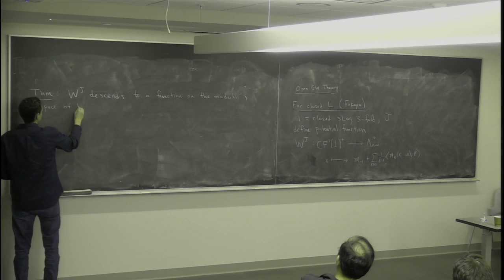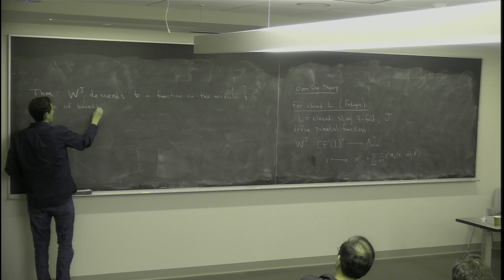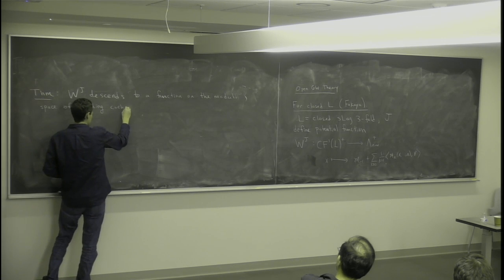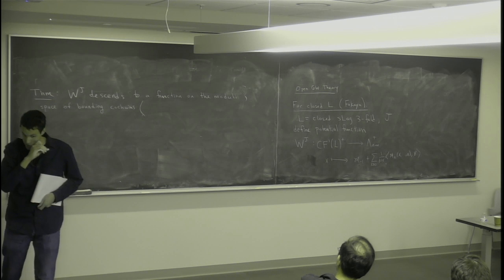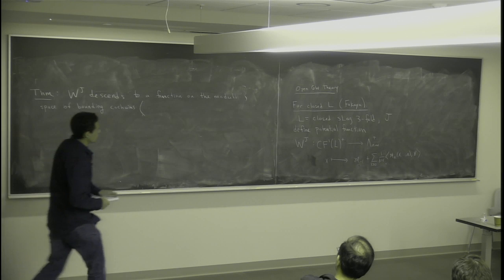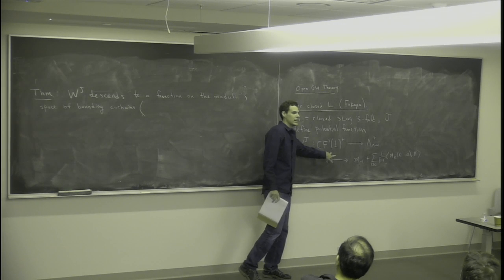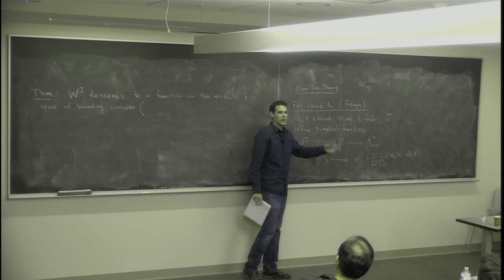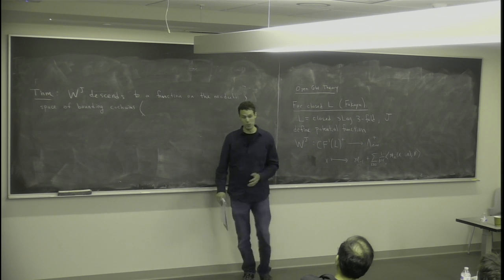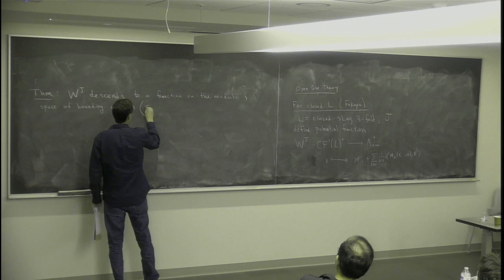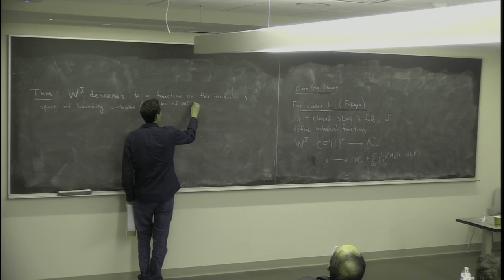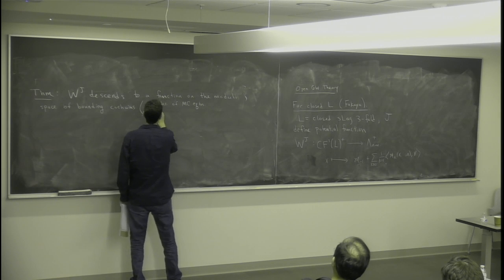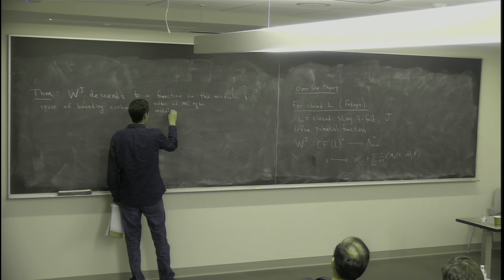So an element of here that satisfies the Maurer-Cartan equation. And then moduli space means we should mod out by some notion of equivalence, gauge equivalence. So this is equal to solutions of the Maurer-Cartan equation modulo gauge equivalence. So this is the moduli space of bounding cochains.